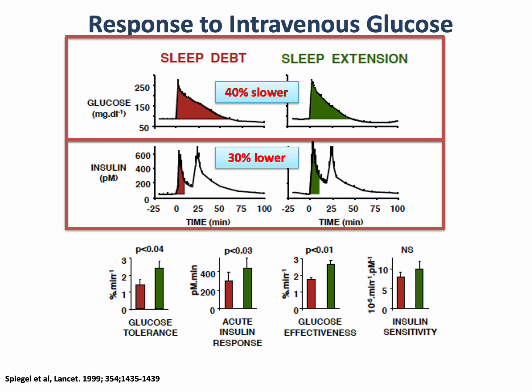The acute insulin response to glucose was 30% lower in the sleep deprivation condition. A decrease of acute insulin response to glucose is hypothesized as an early marker of diabetes.